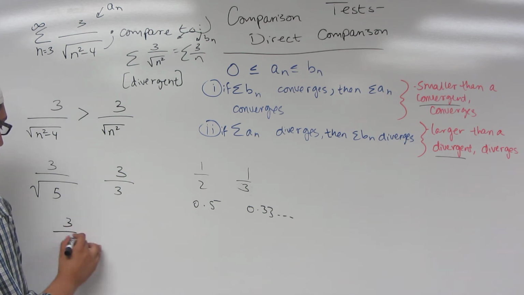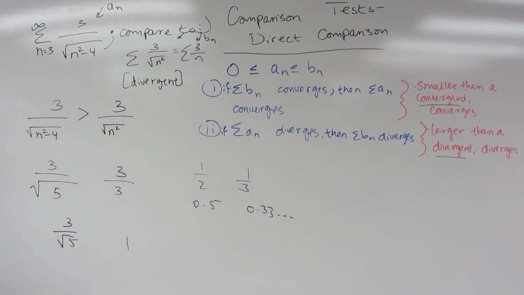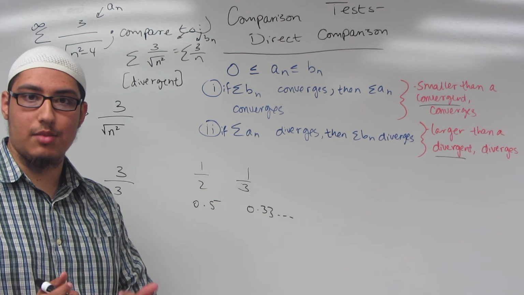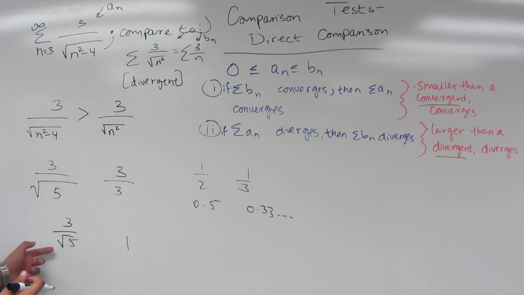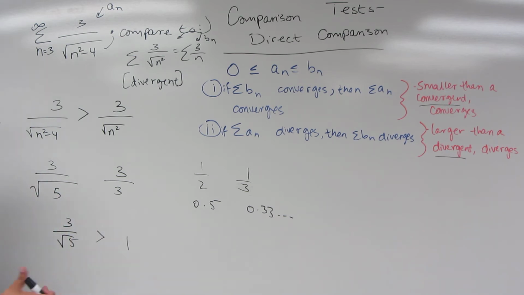So this is 3 over square root of 5. 3 over 3 is simply 1. Okay? Square root of 5 produces an irrational decimal. When we divide these, I'll let you prove that yourself. And when you divide this, 3 over the square root of 5 comes out to be larger than 1. Okay? Like I said, I'll let you prove this on your calculator.